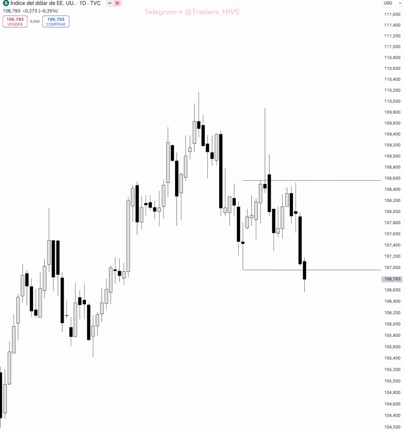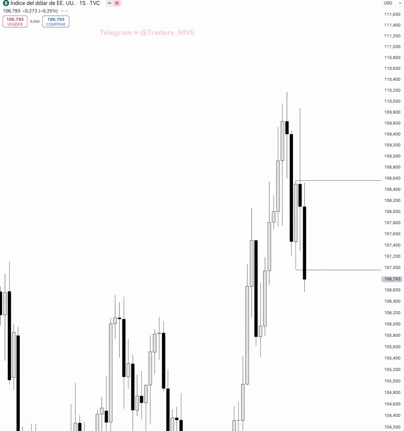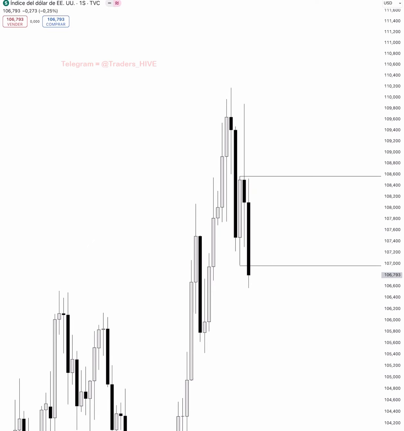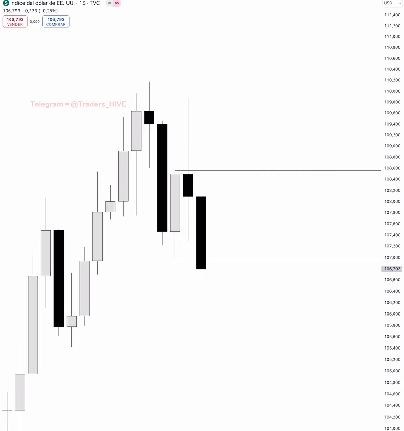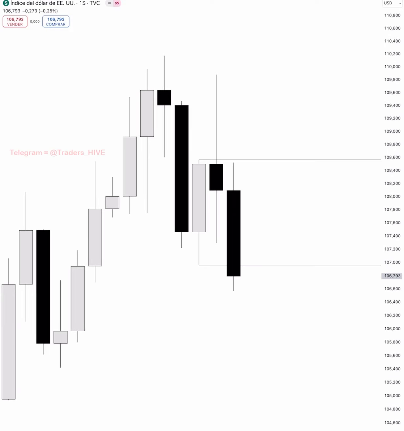In summary, we had the dollar weekly candle. This trade was based on the weekly candle. All right? Accumulation, candle 1.